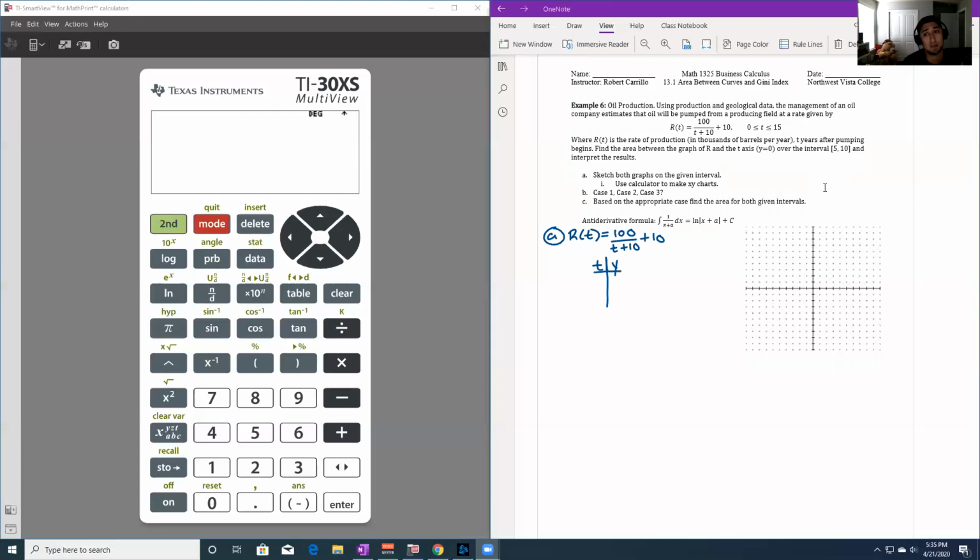If you want to change it to x, change it to x, because that's how I'm going to have to type it in the calculator, as x. All right. So here I make my chart.